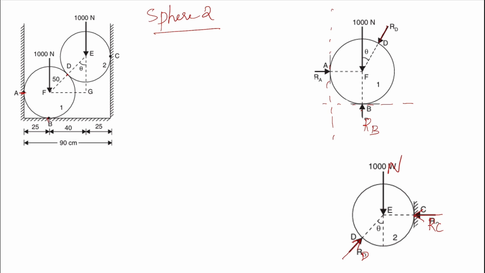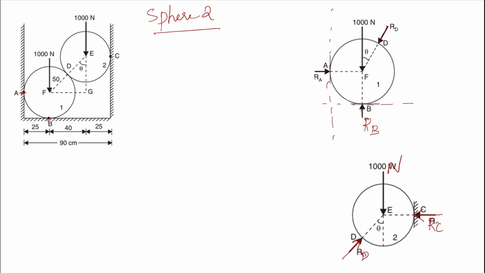And before starting the problem, we need the angle theta, because here look, RD is an inclined force, right? If there's an inclined force, we need to resolve that force into horizontal and vertical components. So in order to resolve this force, we need to know the angle theta. Okay, so how will we find the angle theta?